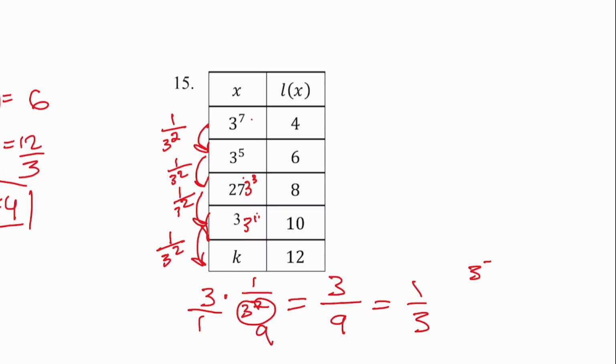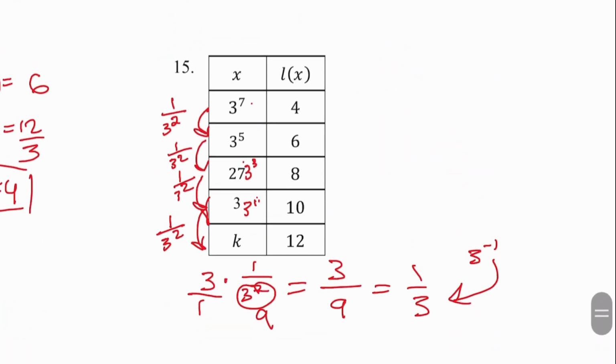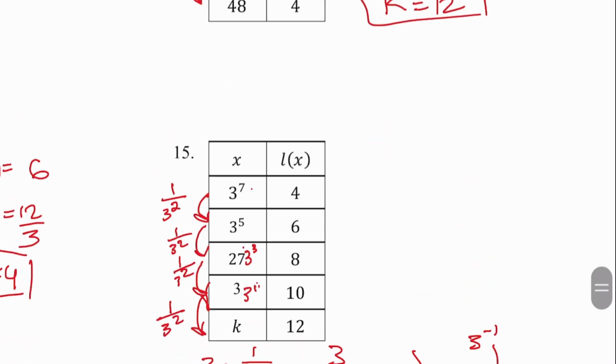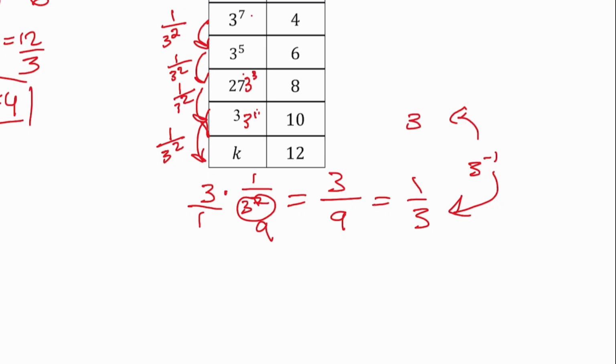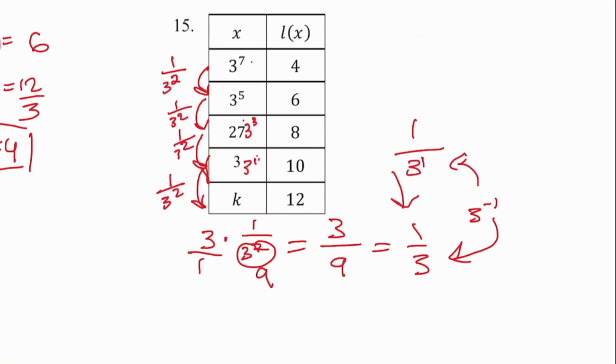So 3 to the power of -1 is going to give us that. Because remember, we want the exponent to be positive, so it's going to be 3 to the power of 1, and then it's under 1. So yeah, that means k is equal to 1/3.